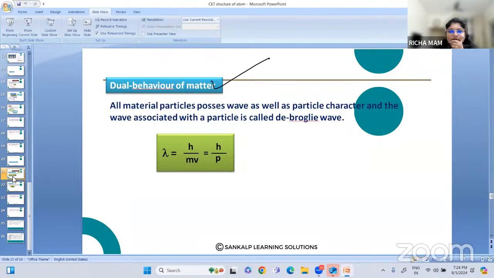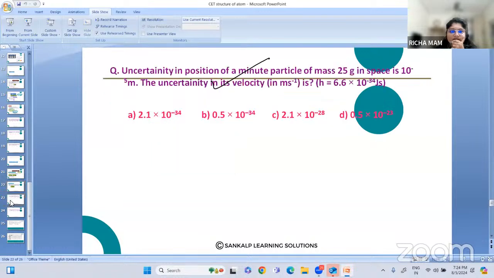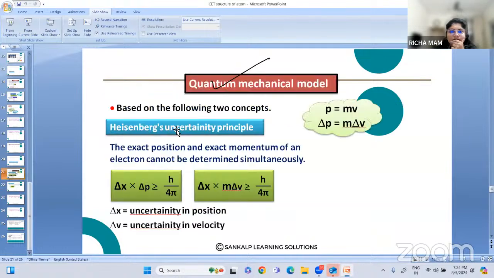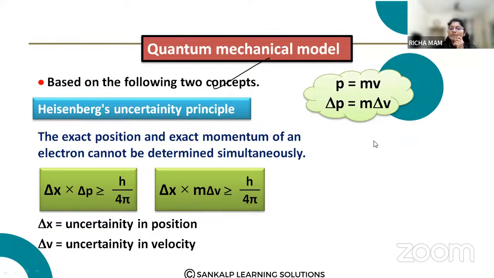This we have seen, the dual behavior, this formula we have seen. Okay, there is something called the Heisenberg uncertainty principle. According to the Heisenberg uncertainty principle, it is impossible to predict both the position and momentum of an electron simultaneously.